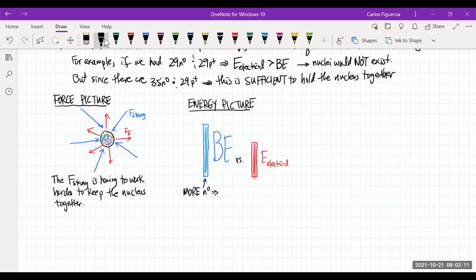If I have more neutrons, I now have a higher binding energy. Whereas here I have more protons, so therefore I have a higher repulsive energy.